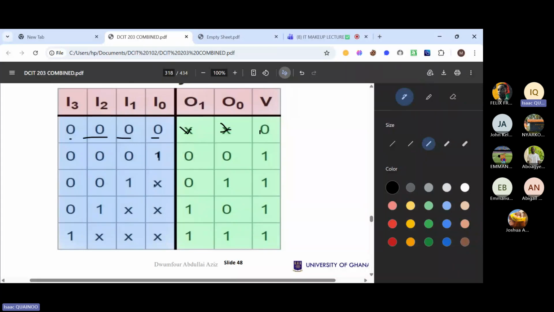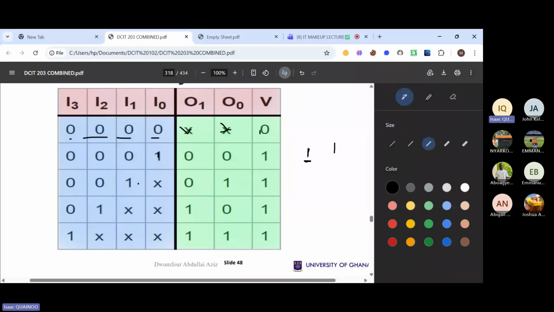But let's take note. We said that if 2 of the inputs are high, it assigns priority to the highest input. In this case, this is 1 here, this is 1. So anything before becomes a don't care. We don't really care if it is 0 or 1.